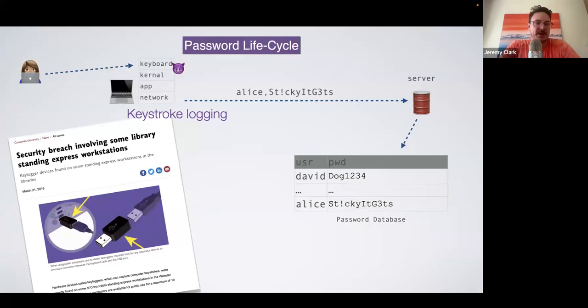So this was a keystroke logger. It was actually recording every single thing that was being typed on the keyboard as just a stream. So that would include usernames and passwords as people were logging in to the server.